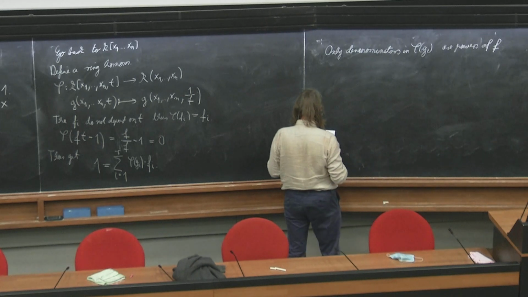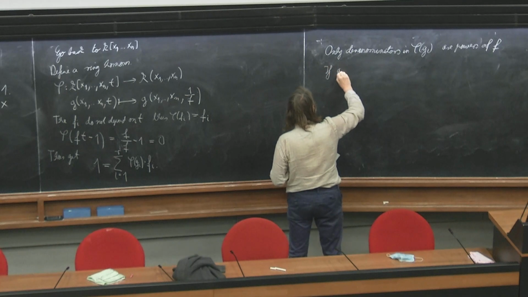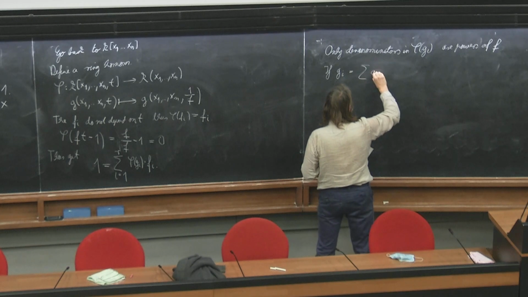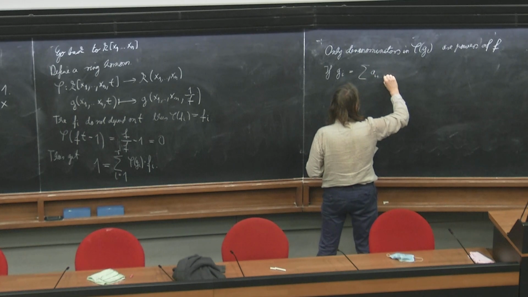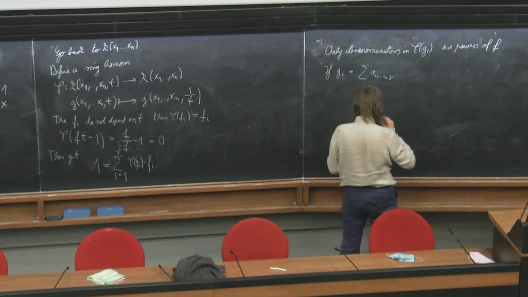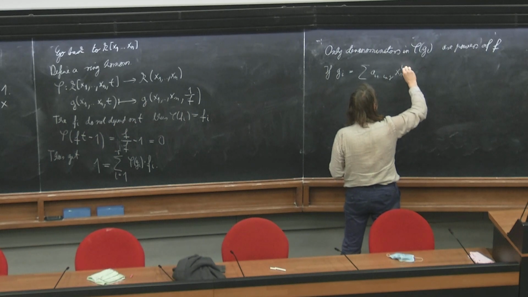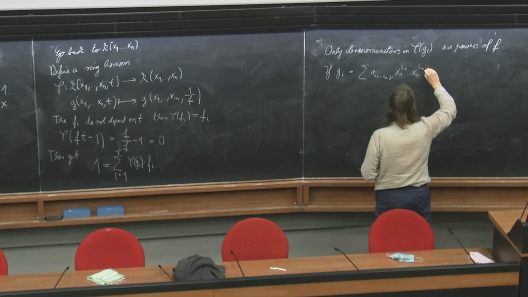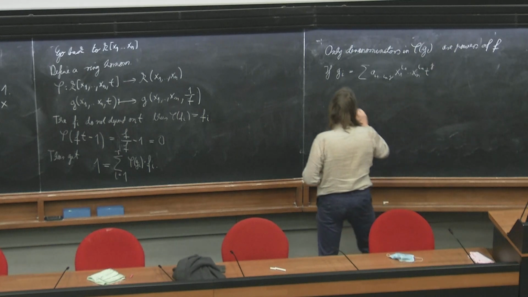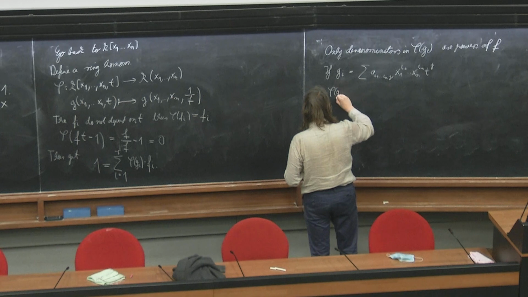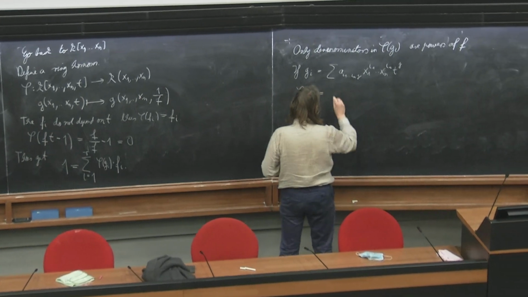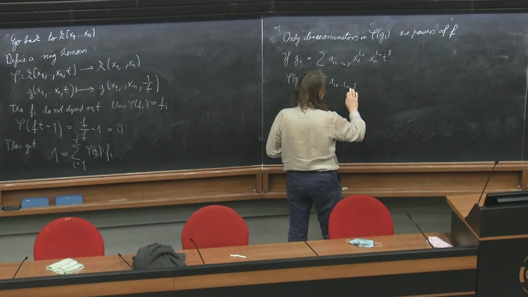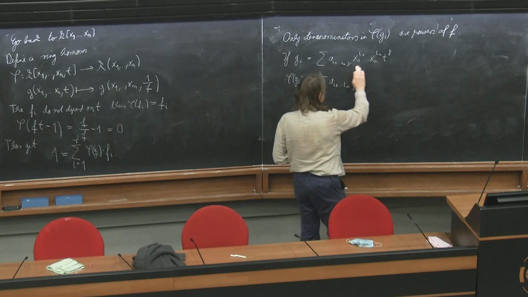So let me just do it explicitly. If g_i is equal to, say, the sum of a_{i1...in, j} x1 to the i1 and so on, xn to the in, then t to the g_i is the same sum, the same coefficients, and this also stays.